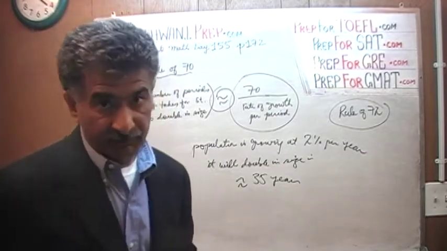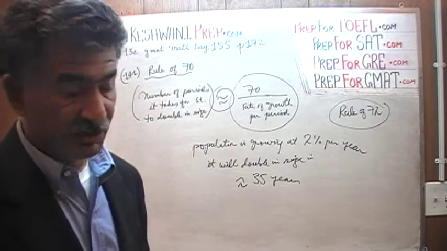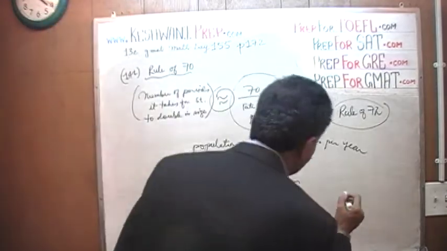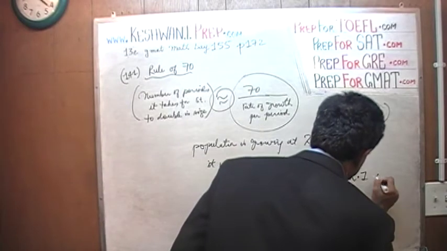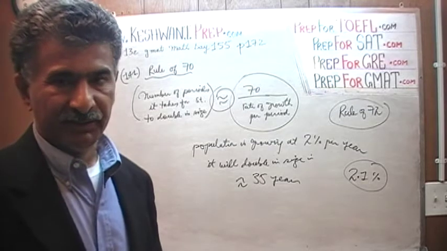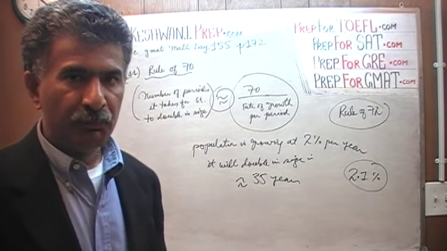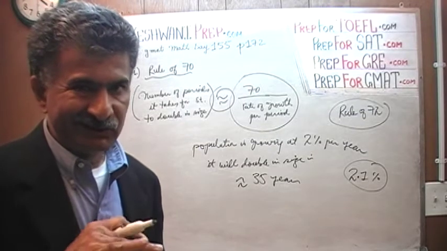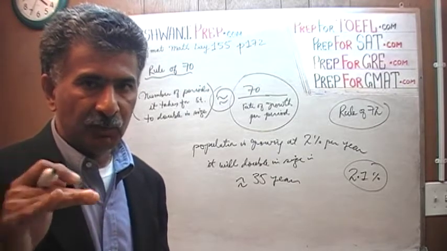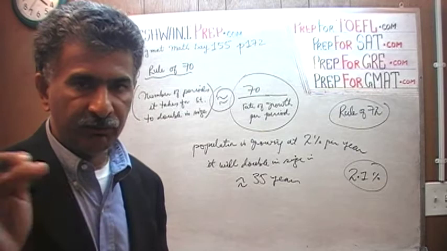2%, by the way, I'm digressing here, which has nothing to do with GMAT at all. This is just general knowledge. 2% is very close to what is known as the natural replacement rate. The natural replacement rate is 2.1%. If the population is growing at 2.1%, it stabilizes. It no longer grows because at that point the birth rate and the mortality rate cancel each other out, assuming there is no immigration going on.